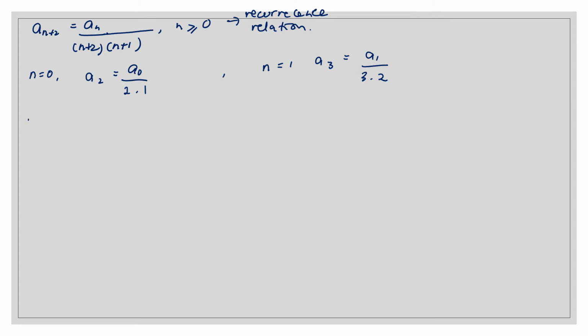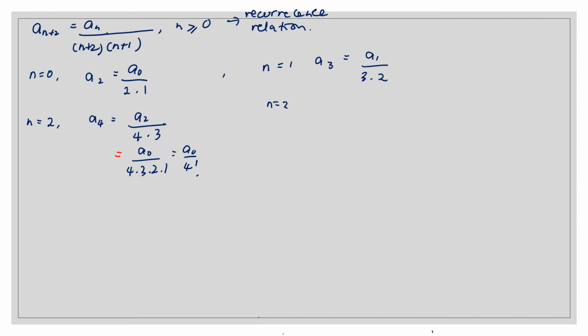Iterate again. When n equal to 2, we will have a4 equal to a2 over 4 times 3, or because we already have a2 equal to a0 over 2, this equal to a0 over 4 times 3 times 2 times 1, or a0 over 4 factorial.